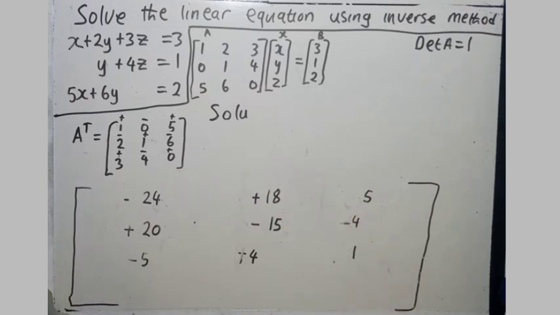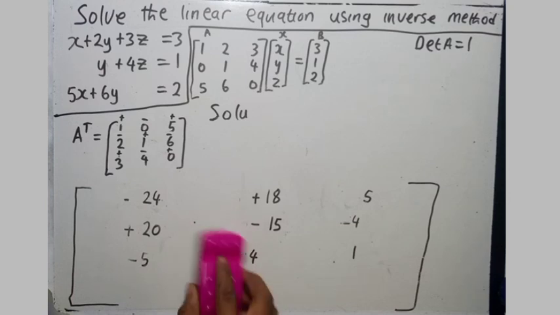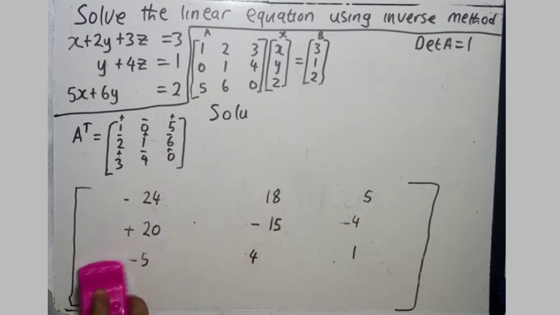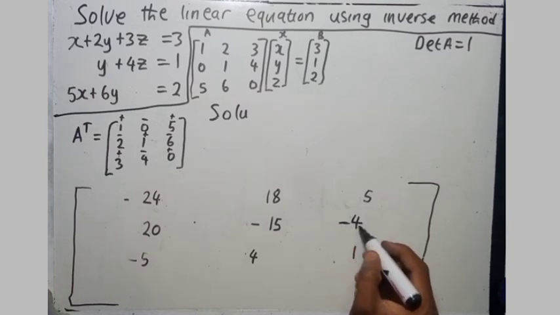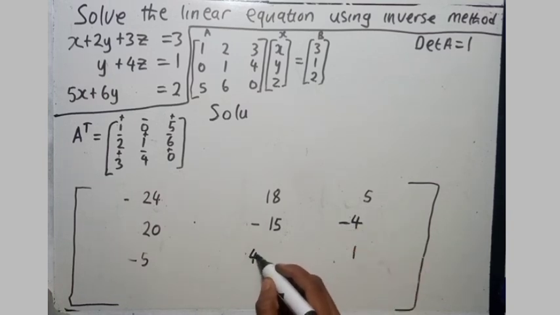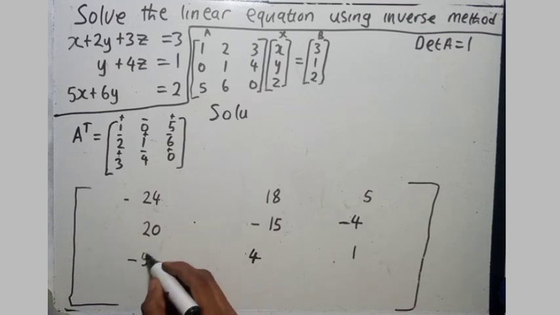We have gotten the adjoints. So like normal maths, we don't normally put our pluses. So anyone with plus, we can just simply remove it. It's still the same thing. But those with minus, we leave them. So this is what we now have. So this is our adjoint matrix.